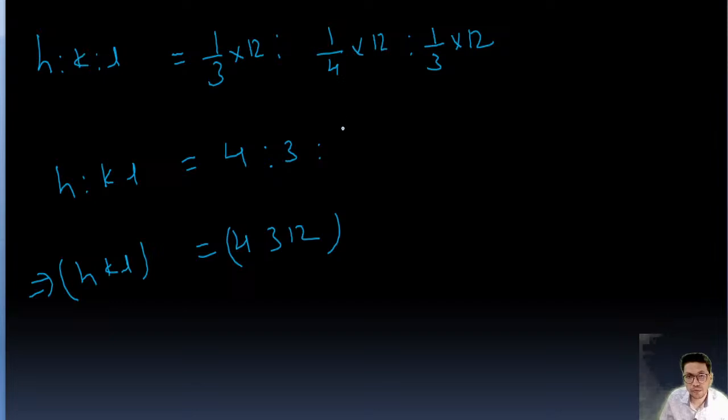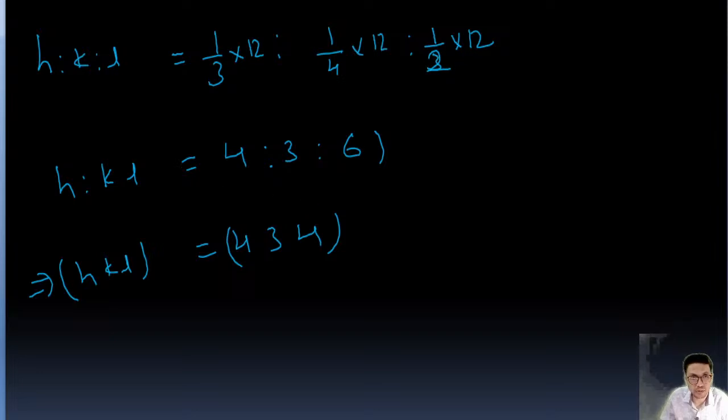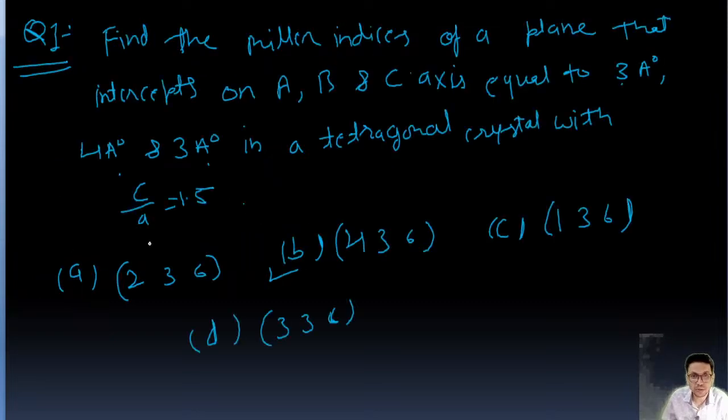I have made a mistake, my apology. This is 1 by 2, so it will cancel, and the result is 6 times, right? So 4, 3, 6. Which option is matching? Option B is matching, right? 4, 3, 6. I hope you have understood, guys.